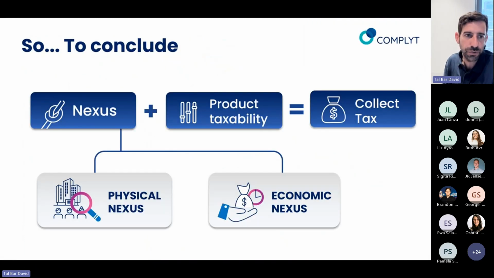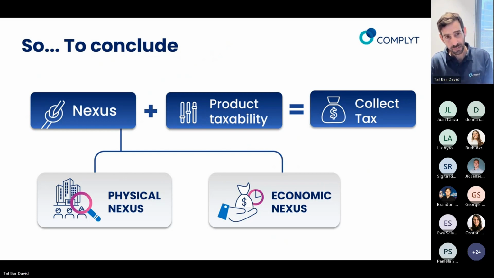So to conclude those two sections or two last slides, again, I'm going back to my original question. When I'm doing a transaction with US customers, either business or individual, I need to ask myself two questions. Whether I have nexus in this location where the customer is located, whether physical nexus or economic nexus.